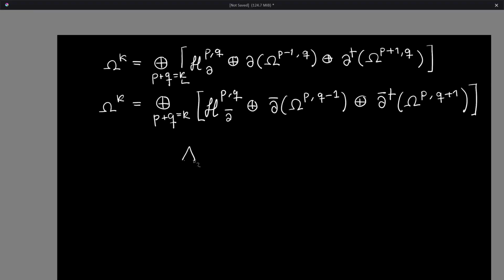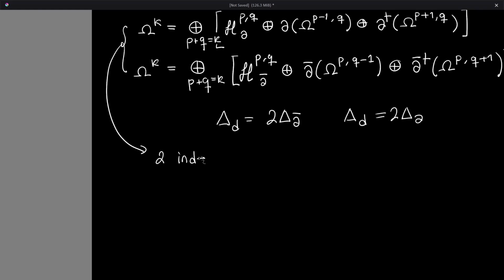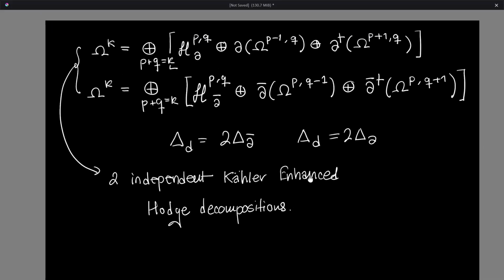One of them comes from Delta_d equal to 2 Delta_partial bar, and the other one comes from Delta_d equal to 2 Delta_partial. And so these are the two independent Kähler enhanced Hodge decompositions. So that's it.